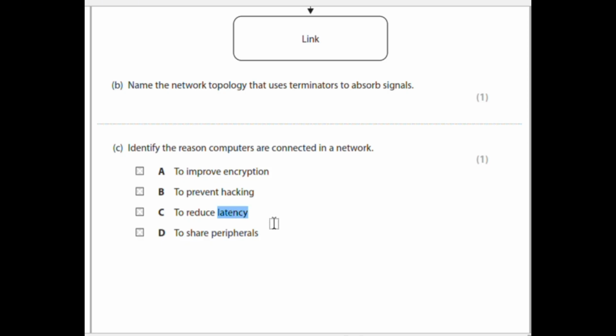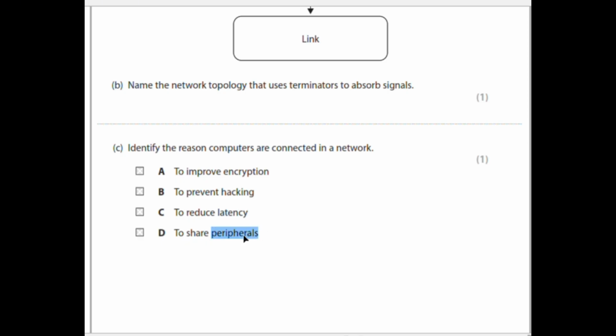Identify the reason computers are connected to a network. This is easy. Why do we connect computers to a network? To access the World Wide Web. Yes, to access the World Wide Web. And here, which is the valid reason?